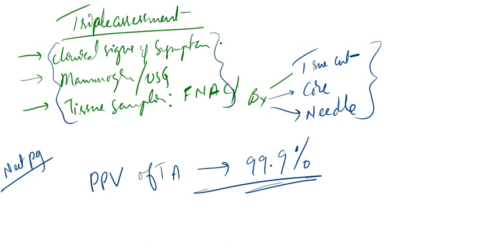What is the triple assessment? Clinical signs and symptoms of the condition are assessed. Mammography or ultrasonography should be done, as well as tissue sampling with the help of fine needle aspiration cytology or biopsy. Biopsy has different types: true cut, core cut and needle cut. The predictive value is 99%.